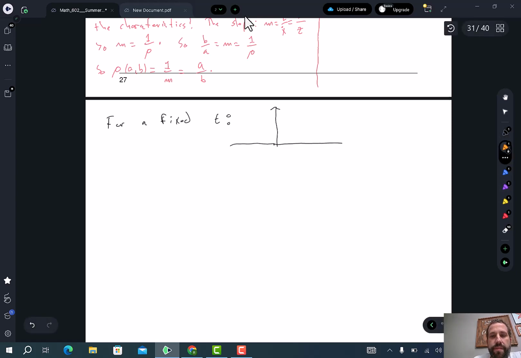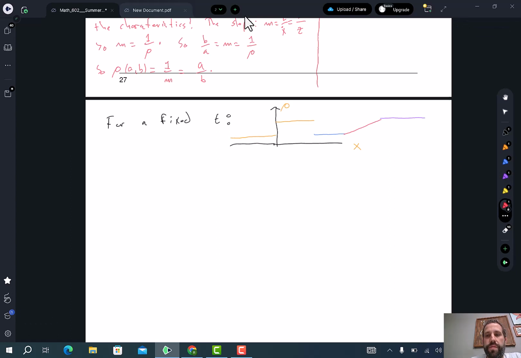So this is now the x-axis, and this is the rho axis. In the beginning, rho is equal to 1 here, and it's equal to 2 there. Then as t increases, we get something that looks like this. It's going to be 1 here, and I'll do something more precise in an upcoming video. It's going to be 2 there, and then it's going to be sort of linearly interpolated there.